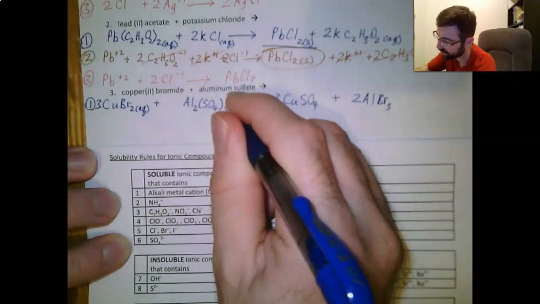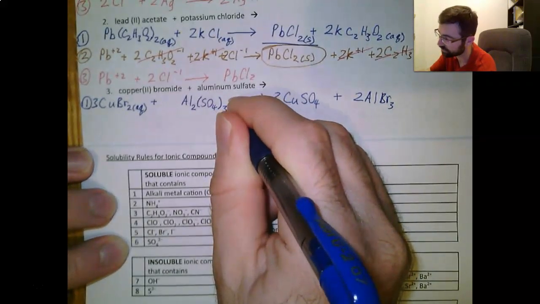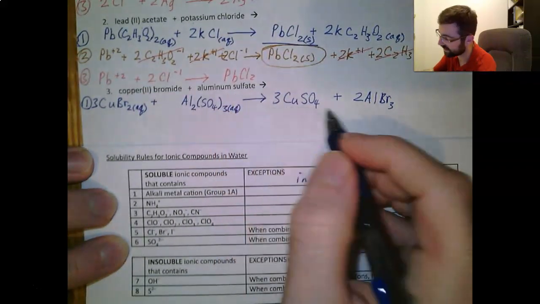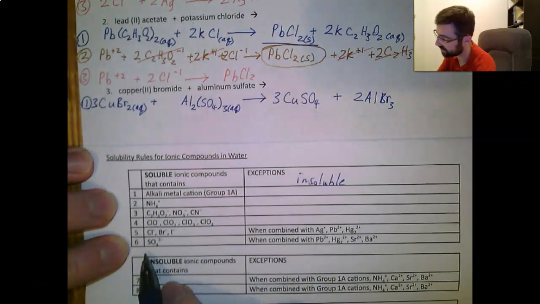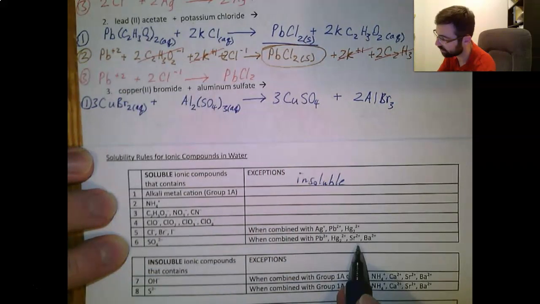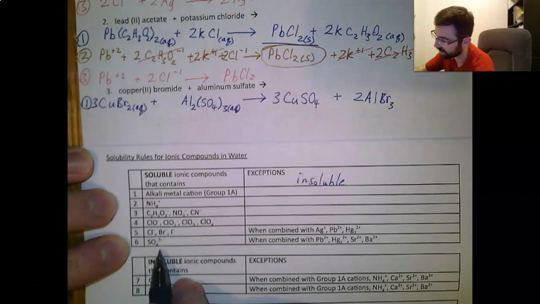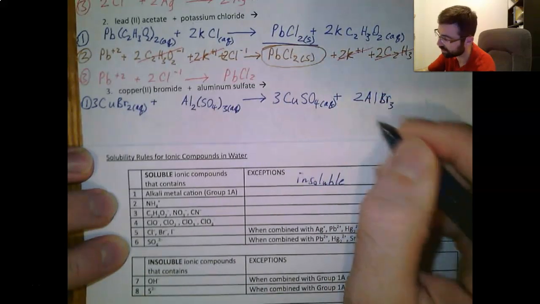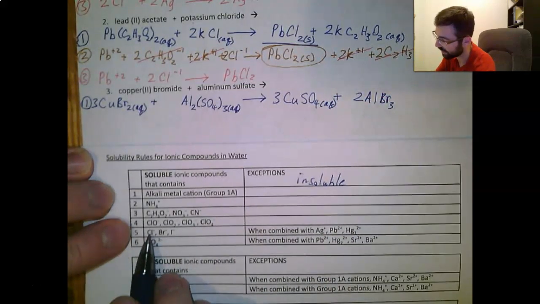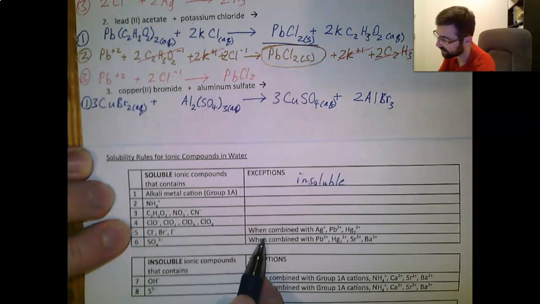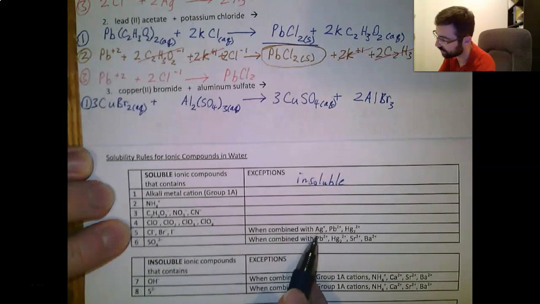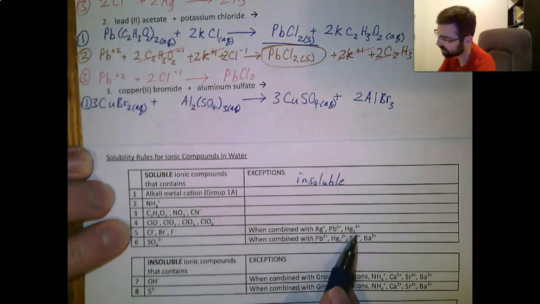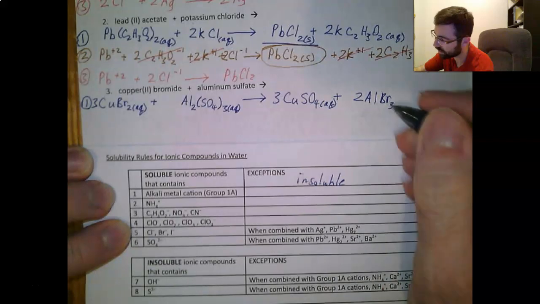So it's aq, aqueous. Copper sulfate. Okay, sulfate, lead, mercury, strontium, barium. That one's aqueous. All right, and then aluminum bromide. Okay, bromide, except if it's combined with silver or lead or mercury. That one's aqueous.